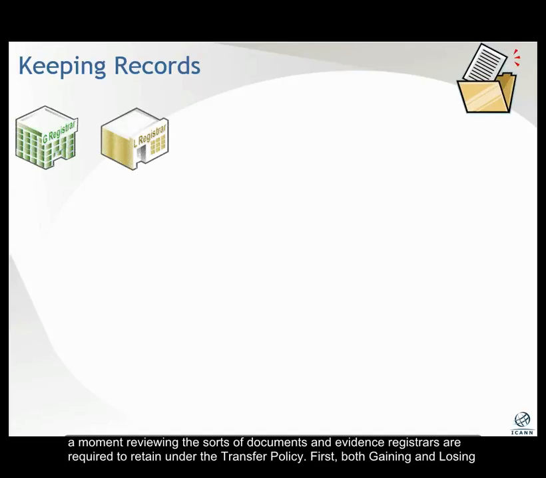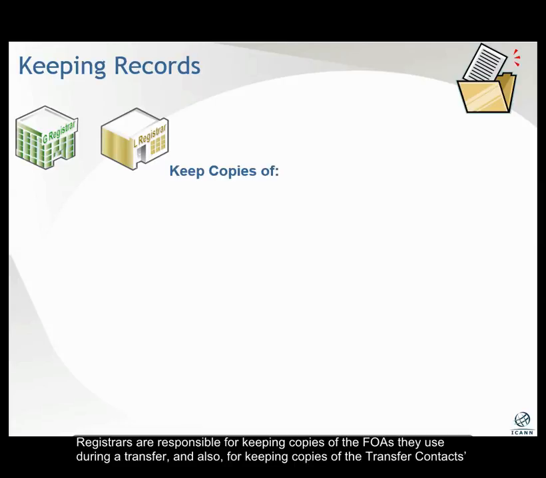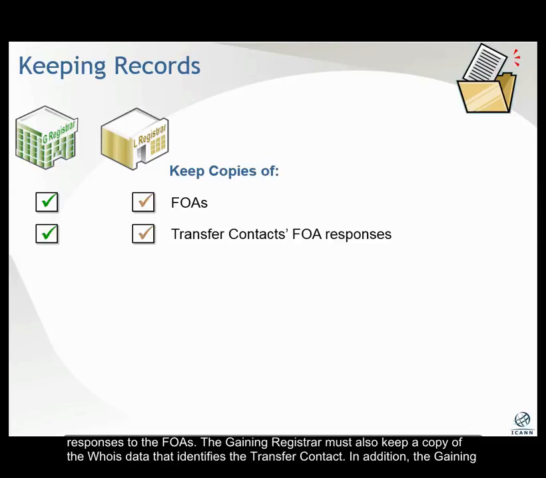Speaking of evidence, let's spend just a moment reviewing the sorts of documents and evidence registrars are required to retain under the transfer policy. First, both gaining and losing registrars are responsible for keeping copies of the FOAs they use during a transfer and also for keeping copies of the transfer contact's responses to the FOAs.